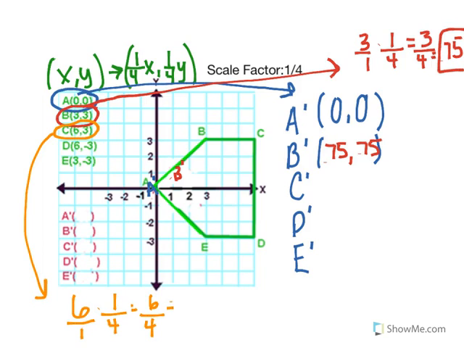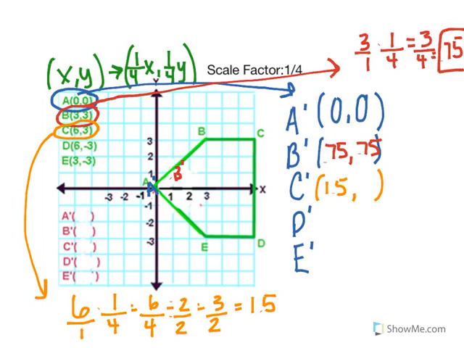I can't graph 6/4, so I'm going to reduce this by dividing it by a common number. So I can divide both of these by 2 to get 3/2. Okay, and I know that 3/2 is 1.5. So no longer is my coordinate 6 for x. When I multiply 6 times 1/4, I get 1.5. So the new coordinate for x for C would be 1.5.